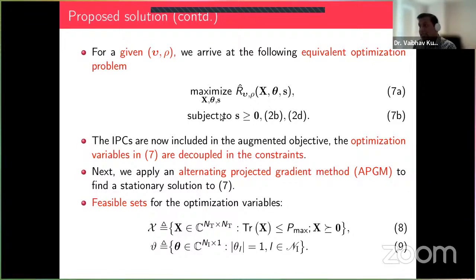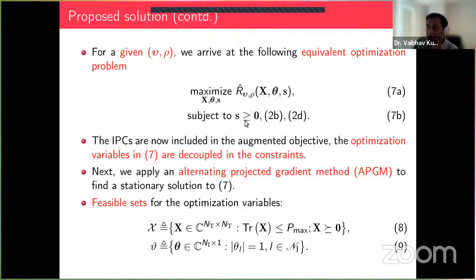Now we can see that in 7b, since this is a slack variable or an auxiliary variable, 2b is only a function of x, and 2d is only a function of theta. So the constraints are now decoupled. I only need to worry about the coupling between the constraint and the objective.